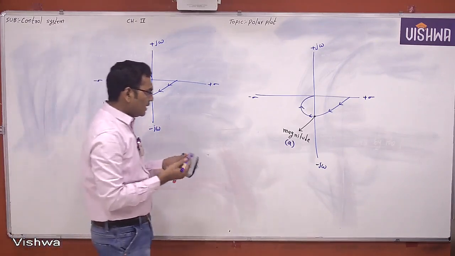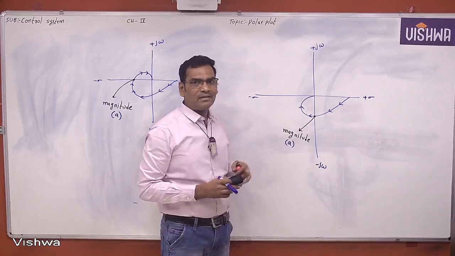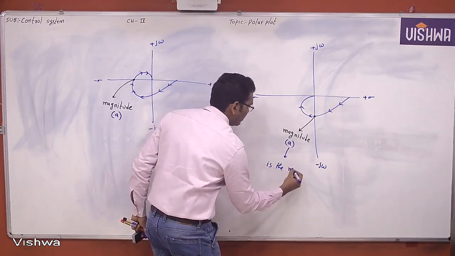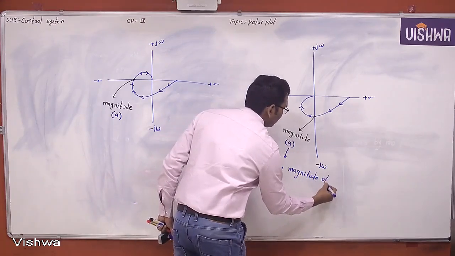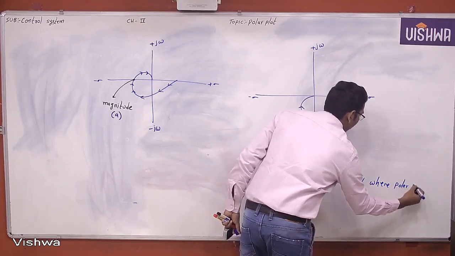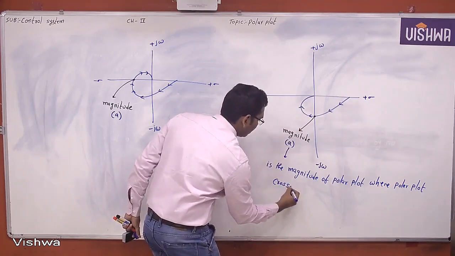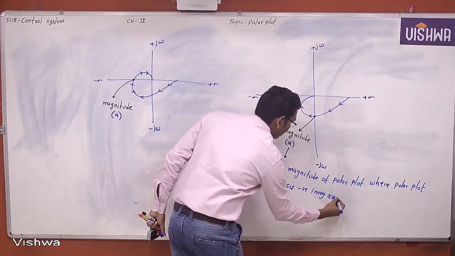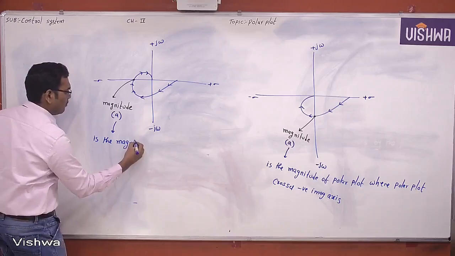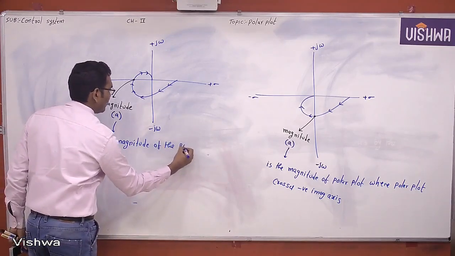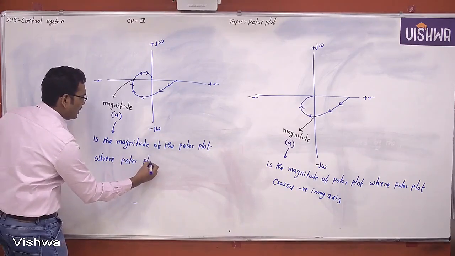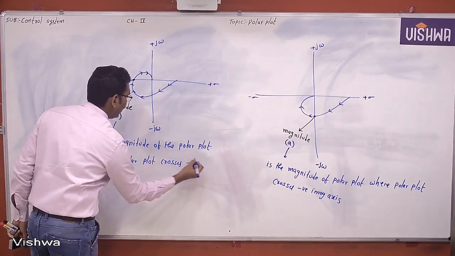So what is A? A is the magnitude of the polar plot where the polar plot crosses the negative imaginary axis.